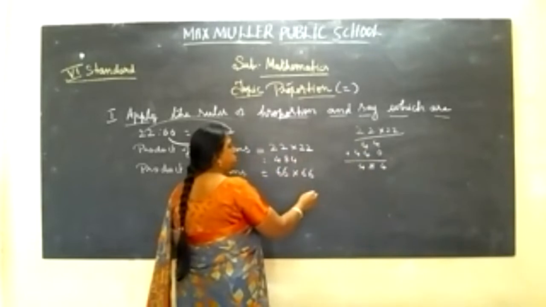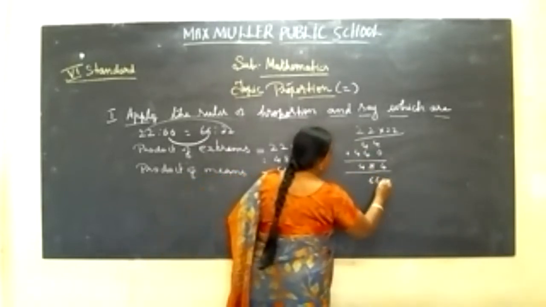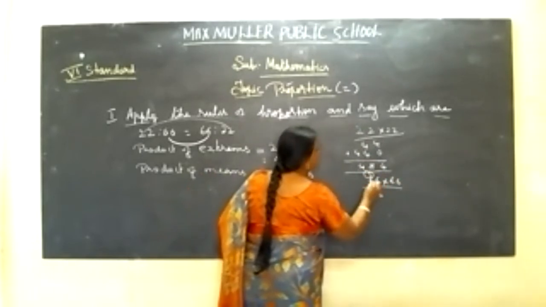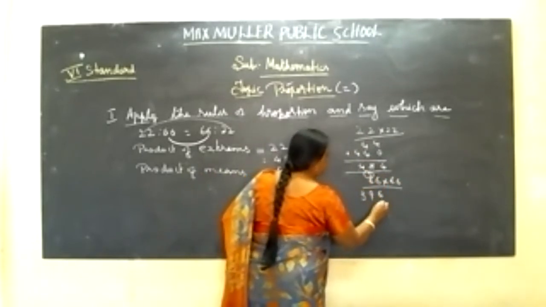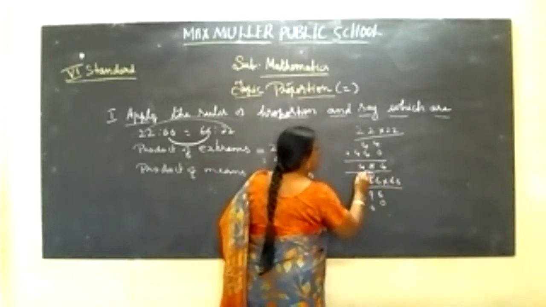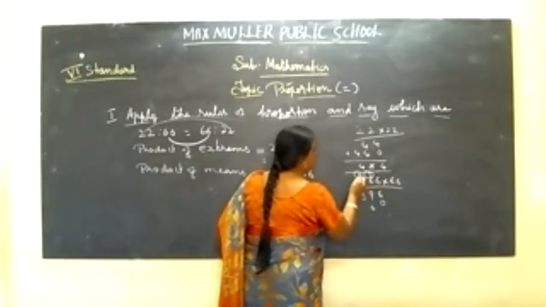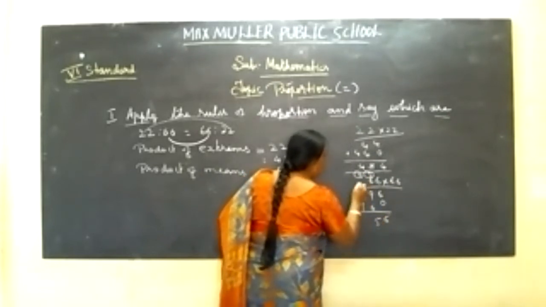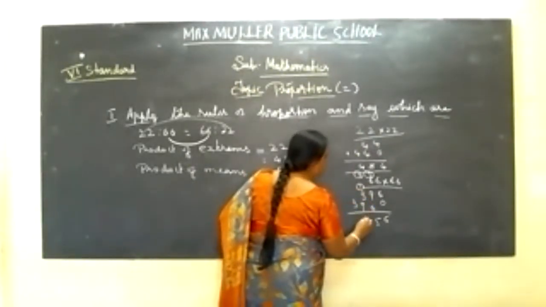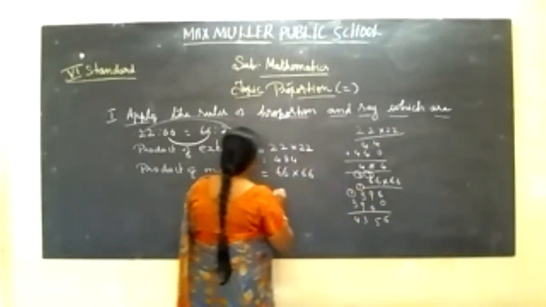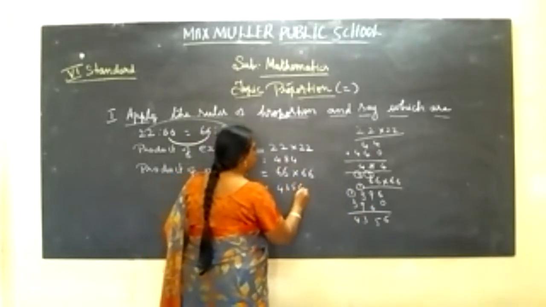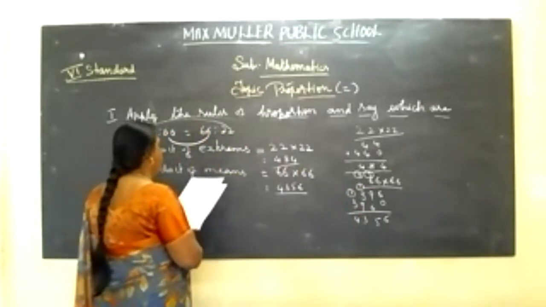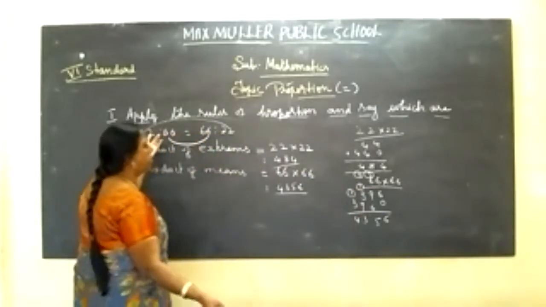Now 66 into 66. 6 6s are 36, 3 carry. 6 6s are 36, 39. 0, 6 6s are 36, 3 carry. 6 6s are 36, 37, 38, 39. 6, 15, 1 carry, 10, 11, 12, 13, 1, 4. 4,356. Here both are not equal.